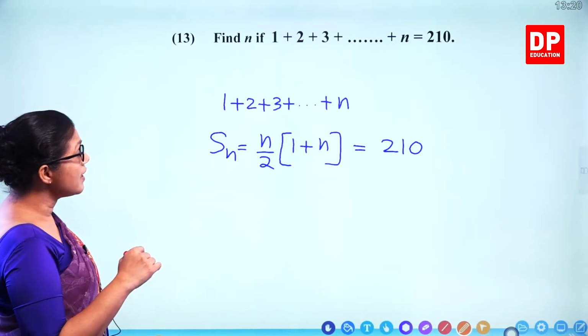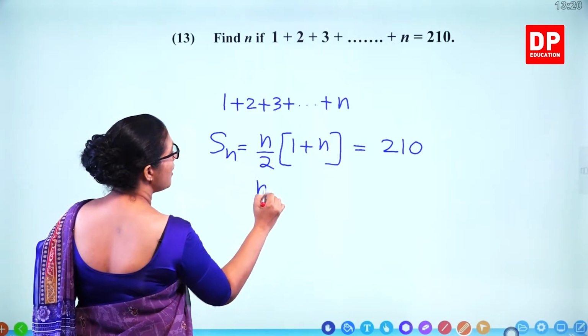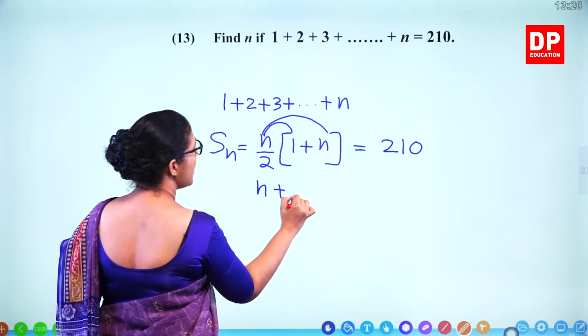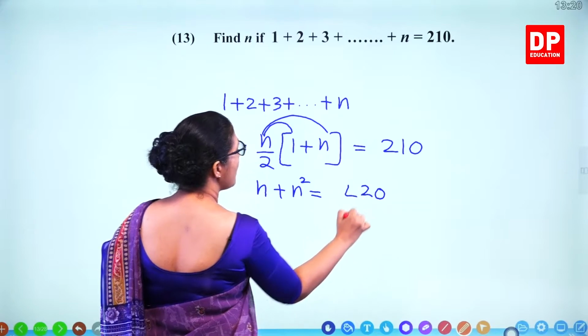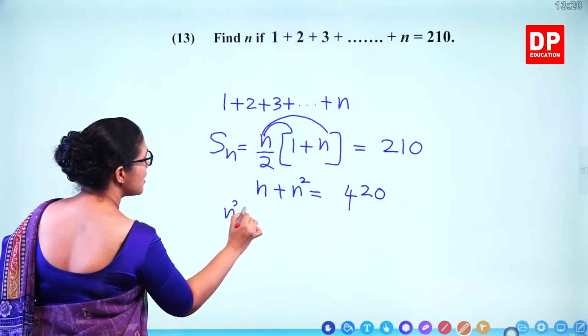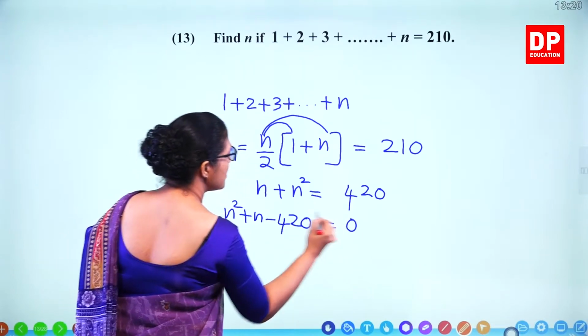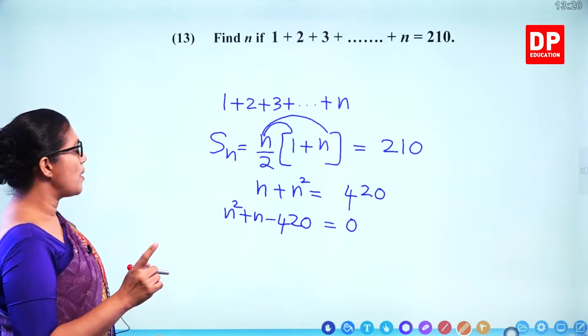You get a quadratic equation now. Multiply by 2. Open brackets. n plus n squared is 2 times this. You get 420. Take all terms to one side, you get n squared plus n minus 420 equal to 0. What are the factors of 420?